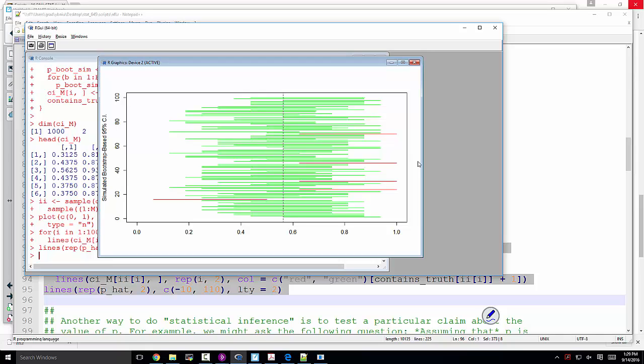So the topmost horizontal line segment is green because it overlaps with 9 out of 16. The truth in this case, the true parameter value was 9 out of 16. We set it that way by doing a simulation. And 95% of our 95% confidence intervals can be expected to contain the truth. The red ones are the unlucky 5%. There was nothing wrong with the way we collected the data for any one of these red ones. The data were collected just fine. It was just by chance you got misleading results.